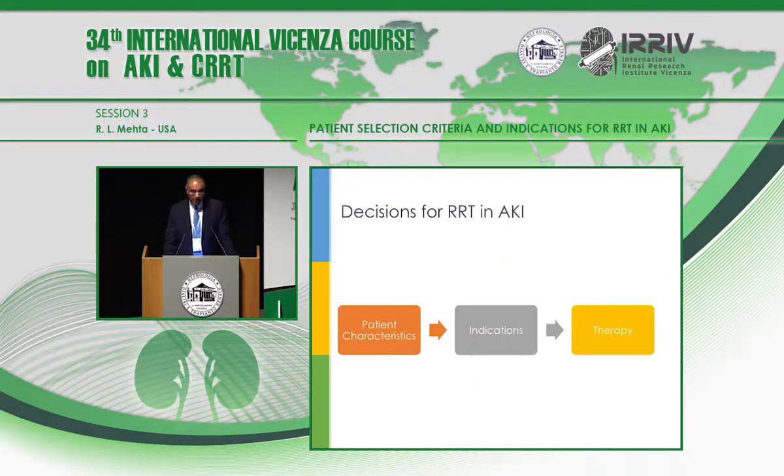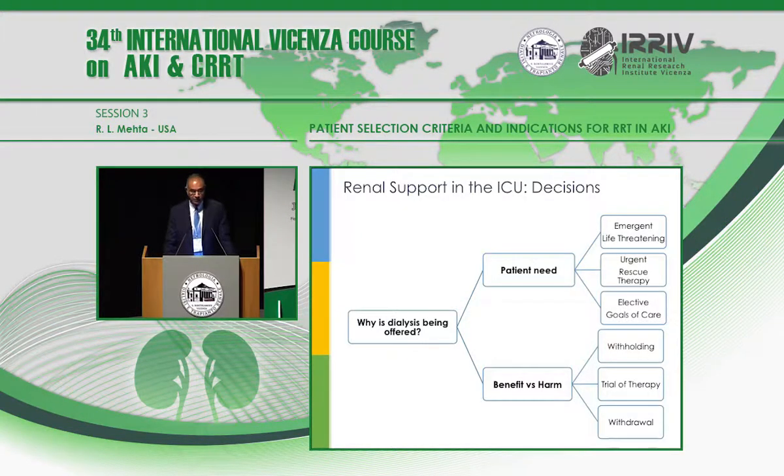When you think about how we make that decision, we are almost always looking at patient characteristics and then bridging the gap of deciding whether or not therapy is needed based upon whatever we term as our indication strategy. And in essence, when you look at the question of why is dialysis being offered, there are two broad components that one considers.